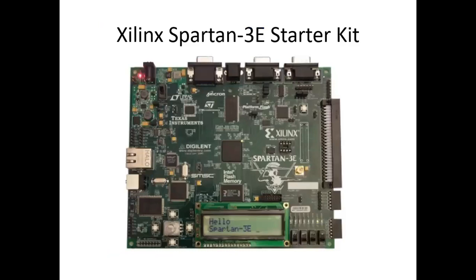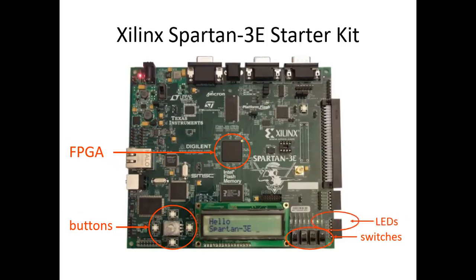Now this is the typical Spartan 3 Xilinx starter kit. Here the FPGA part is the small IC. With this there are some switches to check the input and output, some buttons again used for verification of input versus output, and some LEDs, also related to the input output.